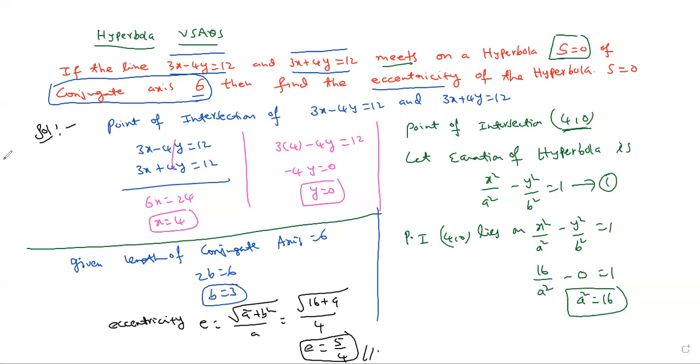Next question based on eccentricities. For the standard form of hyperbola x squared by a squared minus y squared by b squared is equal to 1, eccentricity is under root a squared plus b squared by a. The same thing for its conjugate.